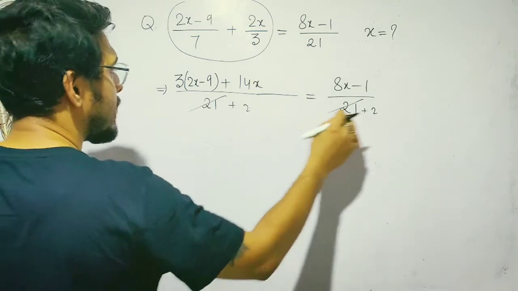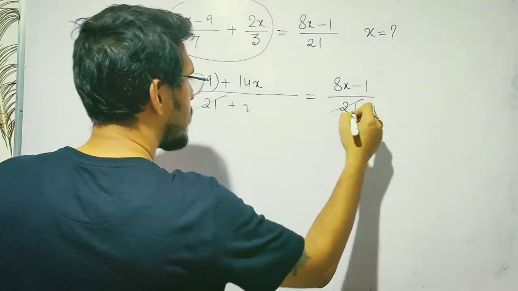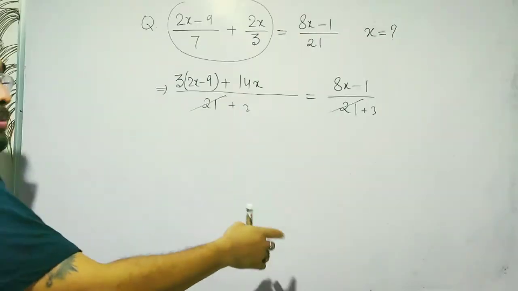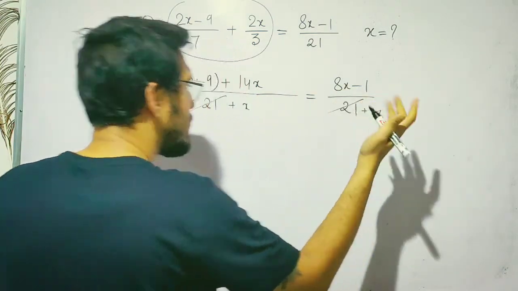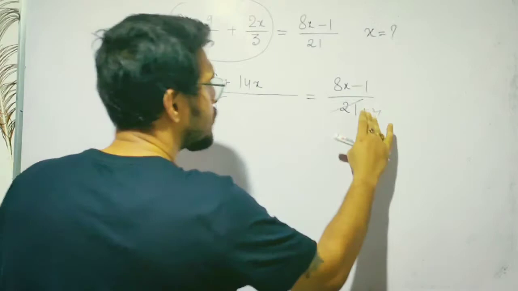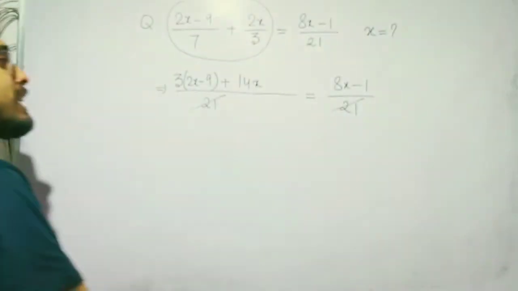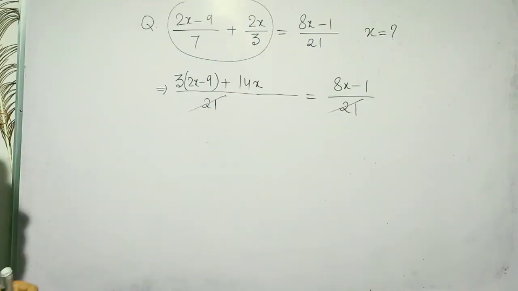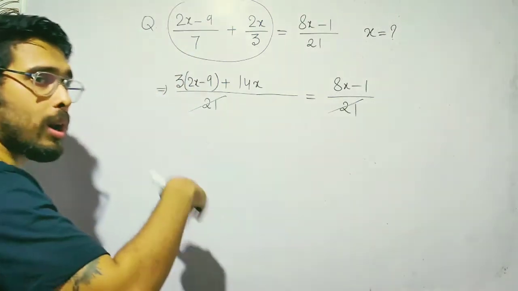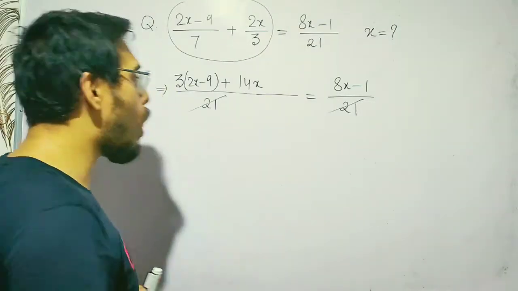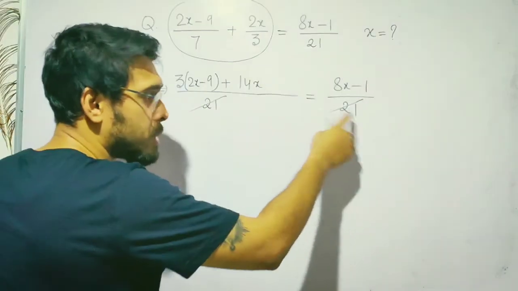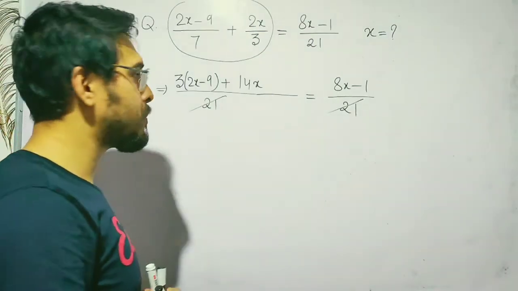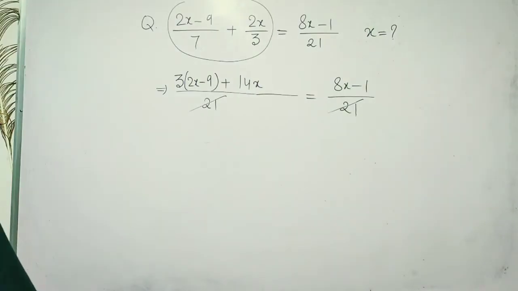But if there is something else, for example, if there is plus 3, now you can't because they will be different numbers. Or if there is plus x or plus y, you can't cut because they will be different numbers. So you can only cut if there is the same number or added, subtracted by the same thing, or for example, if there was 7 which is divisible by 21, you can cut them. Okay? Please try to understand the rules of cutting.